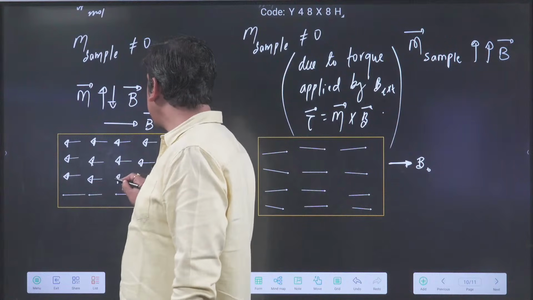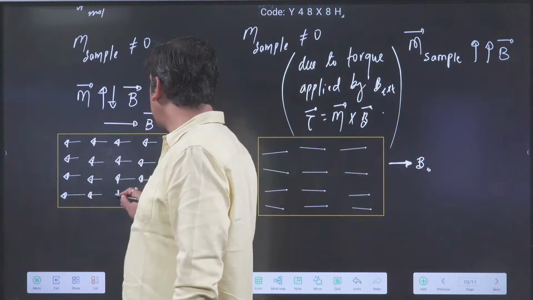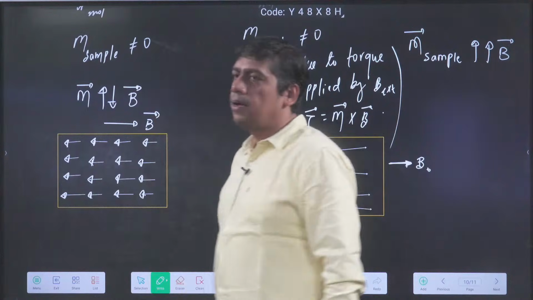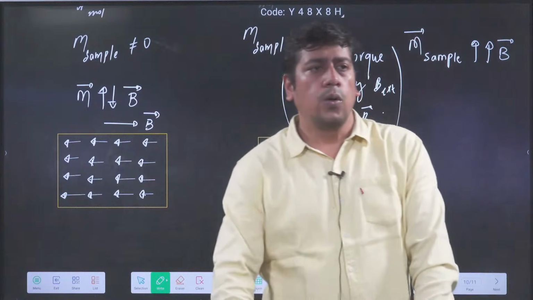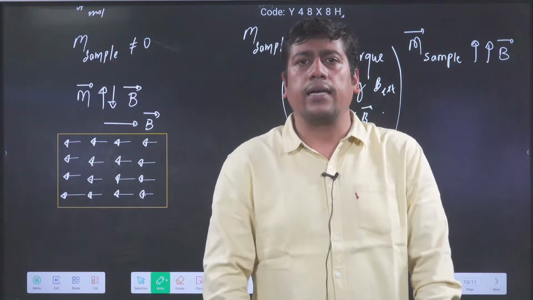So that's why we say that paramagnetic material gets magnetized in the same direction and diamagnetic material is magnetized in the opposite direction.